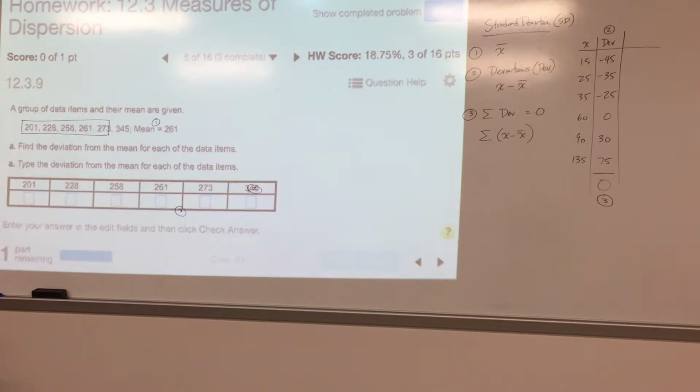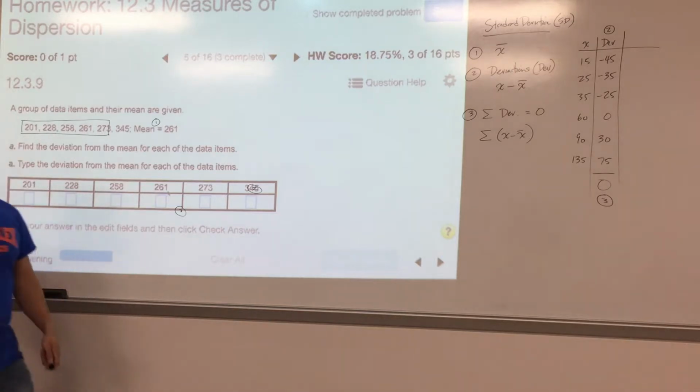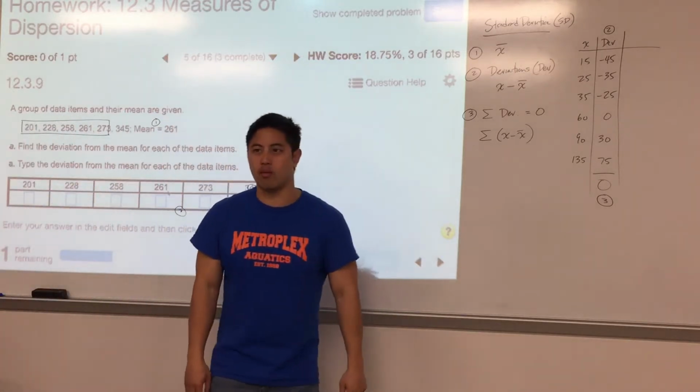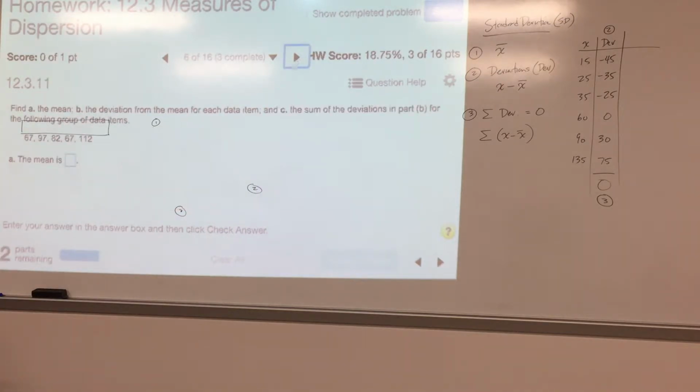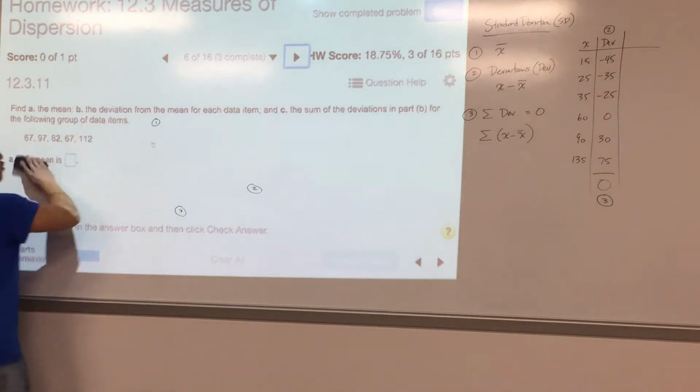Okay, so that's it for that problem. I just want to skip forward. I don't want to do another one of the first 3 steps because we have to do it anyways for future problems. So you now know the first 3 steps. Let's do this one now.